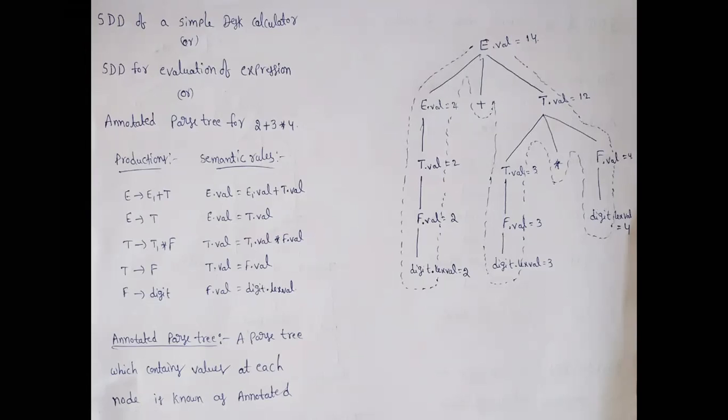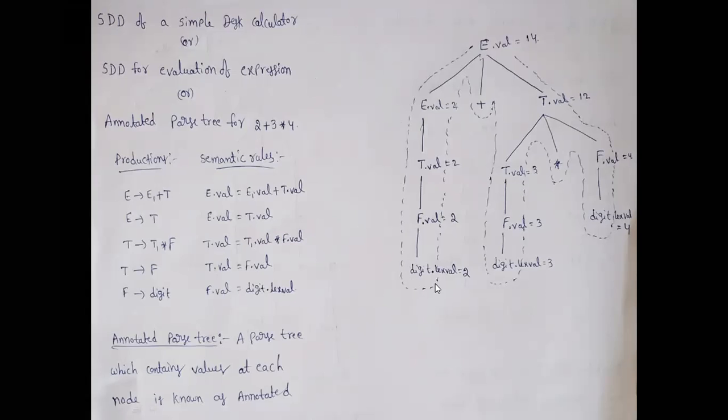So if there is any reduction in that parse tree, we need to perform the corresponding semantic action. Okay, we need to perform the semantic action. So here we are going to convert this parse tree into an annotated parse tree by taking the traversal from top to bottom.